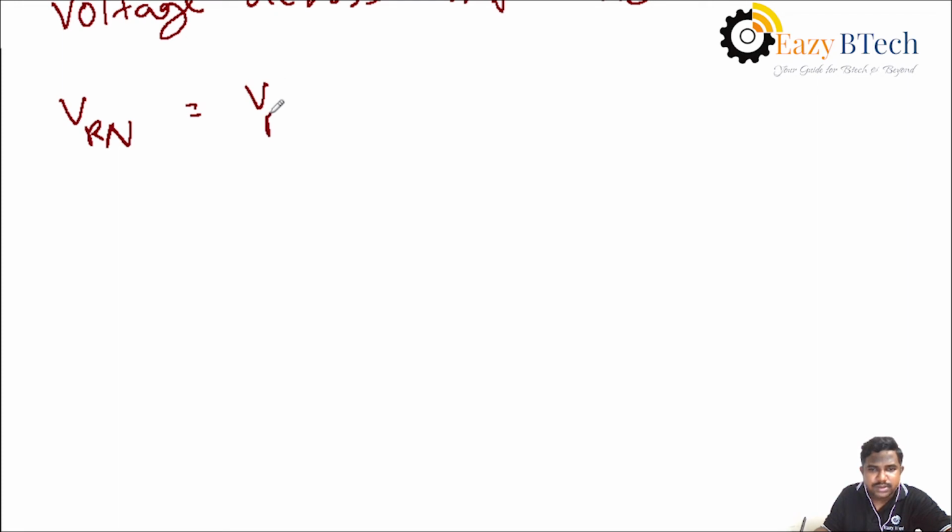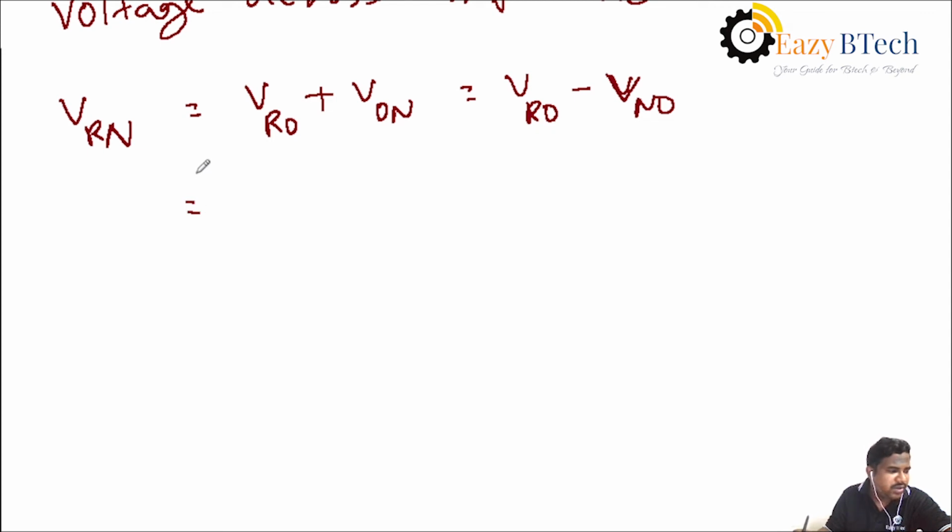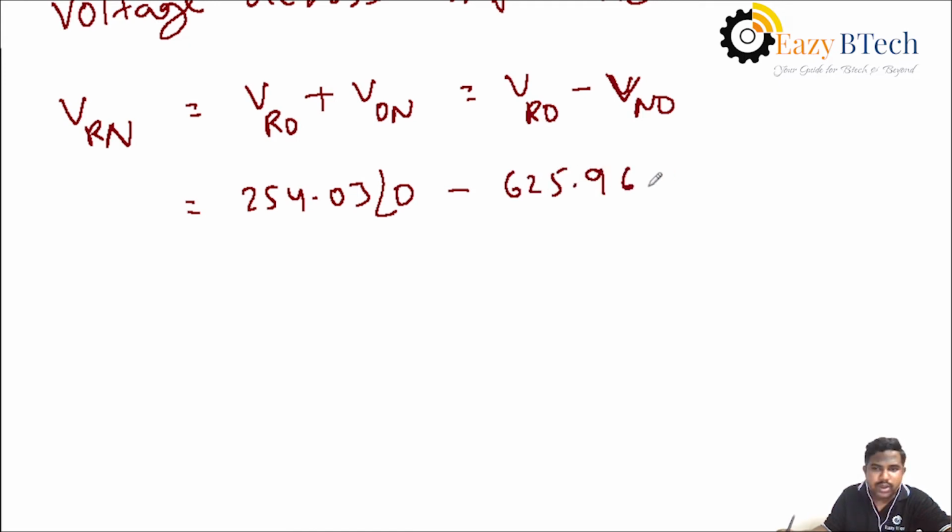The formula is VRO plus VON. But we have the formula VRO minus VNO. The vectors are reversed here, that's why minus changes to plus. Then we know the value of VRO, that is 254.03 at an angle 0 degrees, minus we know the value of VNO, 625.96 at an angle 180 degrees.